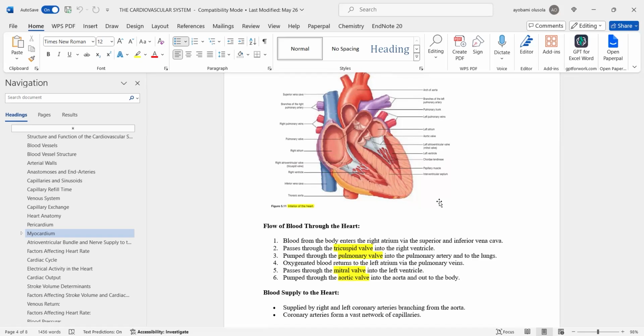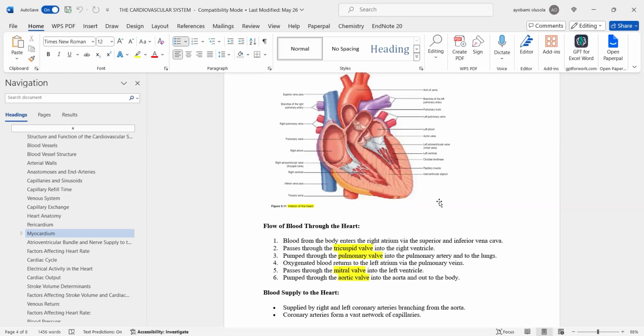Then from the right ventricle, the pulmonary valve has to open. When the pulmonary valve opens, the blood now enters the pulmonary artery, and from the pulmonary artery it goes to the lungs to get oxygenated. Once it is oxygenated, it returns through the pulmonary veins into the left atrium.